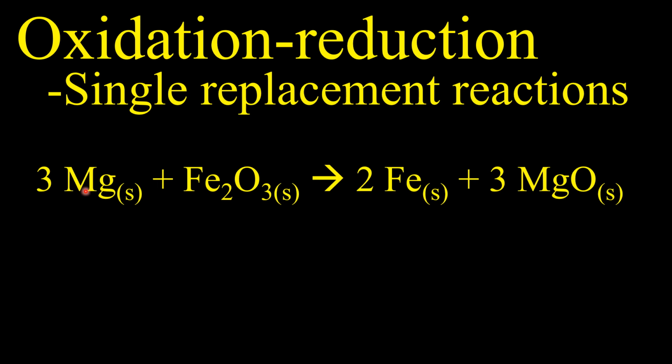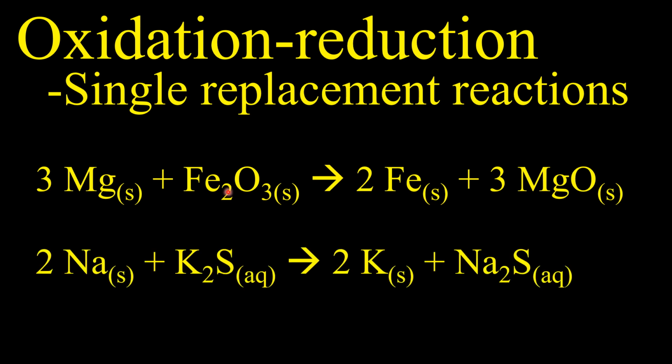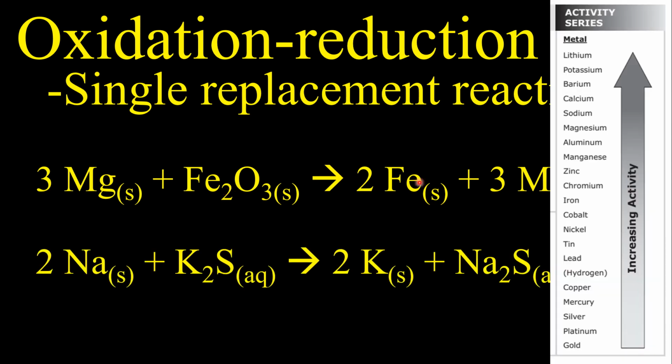So the magnesium's the element, and the iron is the ion. And I now need to look at my activity series and say, was the element higher than the ion? And so that was magnesium higher than iron. And yes, it was. So that top reaction should go. It should happen, and the product should form.